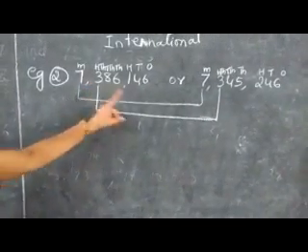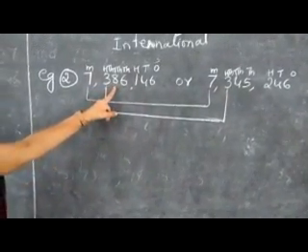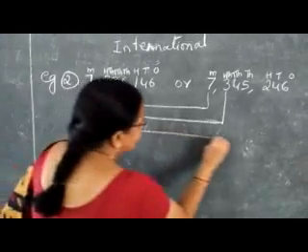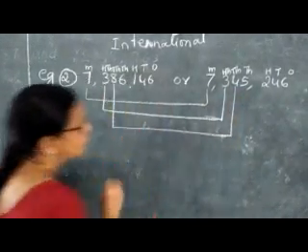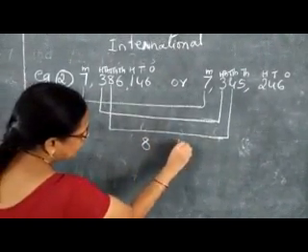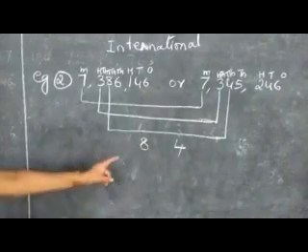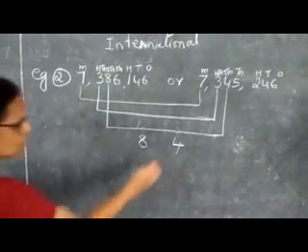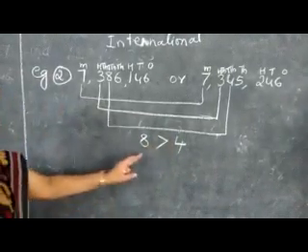The numbers are the same. Then the 10,000 place: here 8 is there, here 4 is there. Which is the greatest number, children? 8 is the greatest, so 8 is greater than 4.